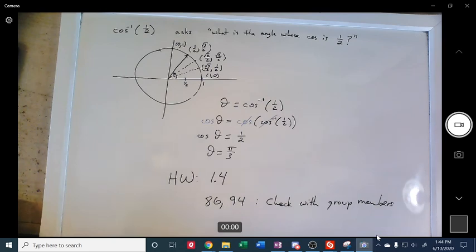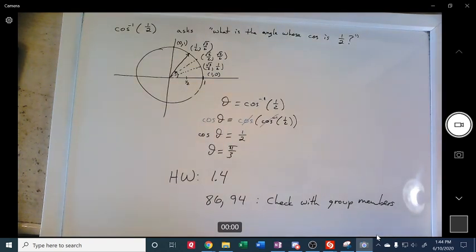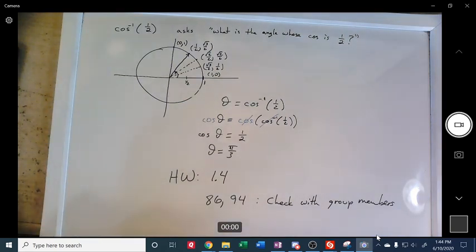Make sure that you're correct on those two. And before we leave, any questions, comments? All right, we'll stop here for the day.